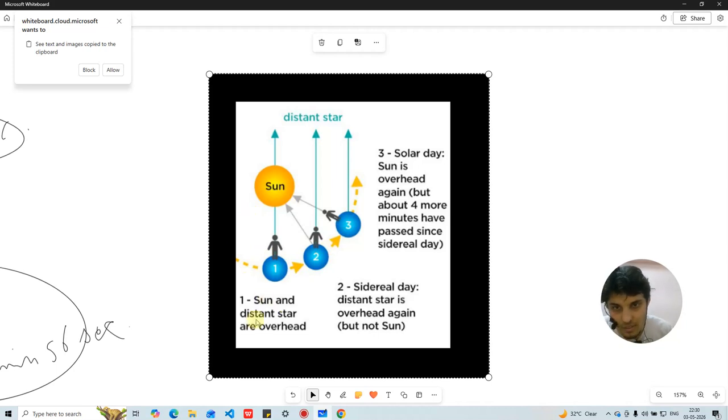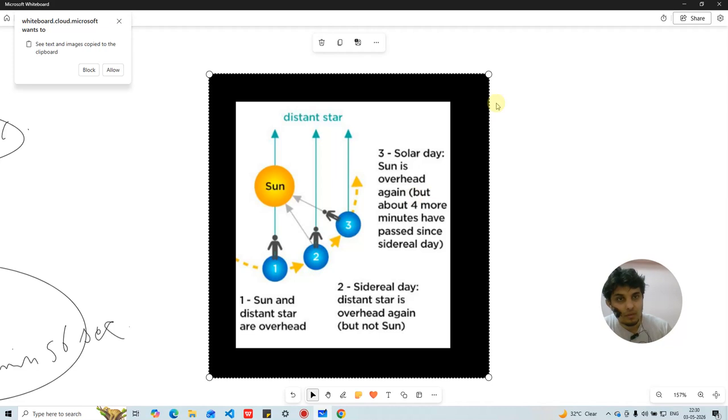See, sun and distant star are overhead. Sidereal day, distant star is overhead again, but not sun. Distant star is still overhead because it's very distant. Sun is not a distant star, and here, as the earth has rotated, now I'm pointing this way, but solar day, sun is overhead again, but about 4 more minutes have passed since sidereal day.